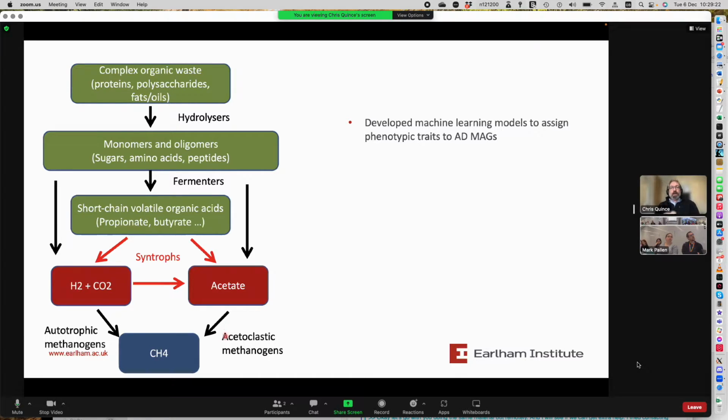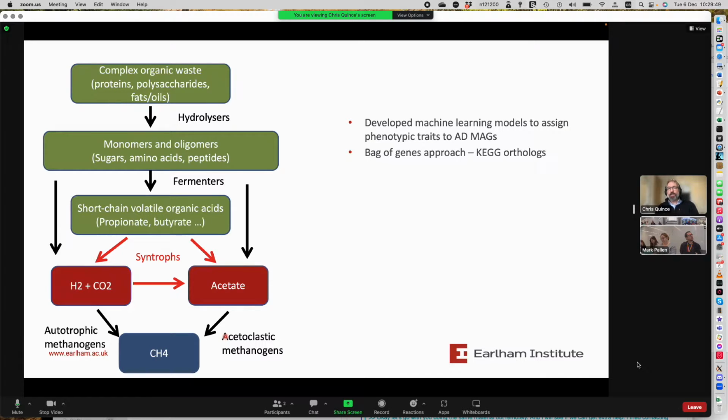So when you've got these MAGs, the question is, what are they actually doing in the community? And I hope to give a talk on this on Thursday if there's time. So in order to get an idea of what each of these MAGs might be doing, we used a machine learning method to predict the phenotypic traits of the organisms from the genome.